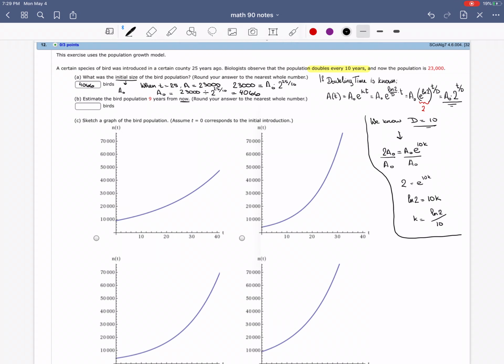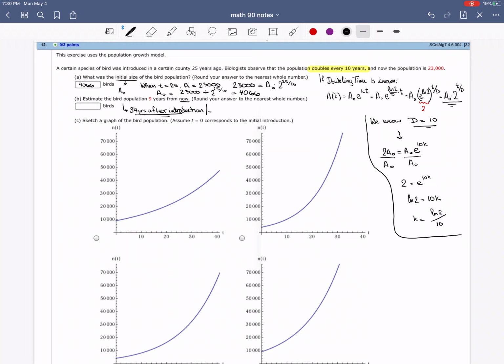So that means this is 34 years after the introduction of this species. Okay? So T here is 34, since the bird population was introduced 25 years ago. So it's already been here for 25 years, and then 9 more years puts us at 34.